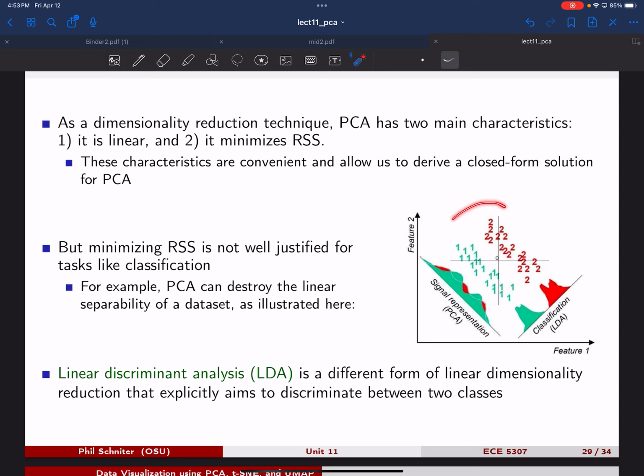So looking at this scatter plot, where would the subspace for PCA be? What would it choose for PCA subspace? Remember, you're looking for the line so that the projections onto that line are as short as possible. And that line has to go through the origin to be a valid subspace.